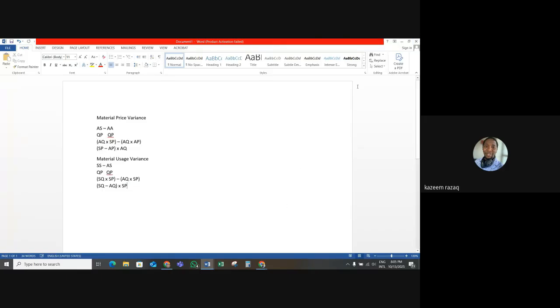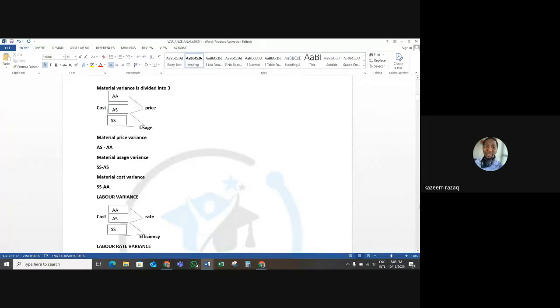Now, let's go into our material cost variance. And don't forget, material cost variance is the addition of both price and usage variance. Am I right? Okay. So for our material cost variance, we have it in our formula here to be SS and AA. Am I right? SS minus AA, you can see the arrow here.